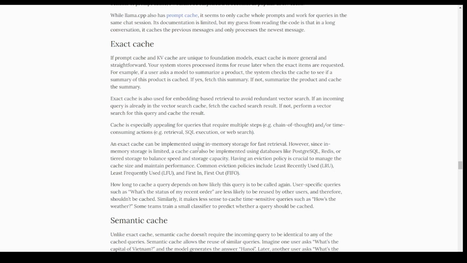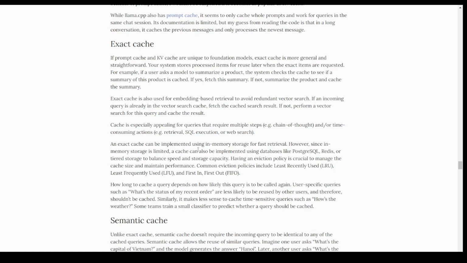A lot of times the in-memory storage is limited, so in that case, we can implement those things using Postgres, Redis, or different tiered storage to balance speed and storage capacity. And a lot of times, having an eviction policy is crucial to manage the cache size and maintain performance. Common policies include LRU, LFU, and FIFO.